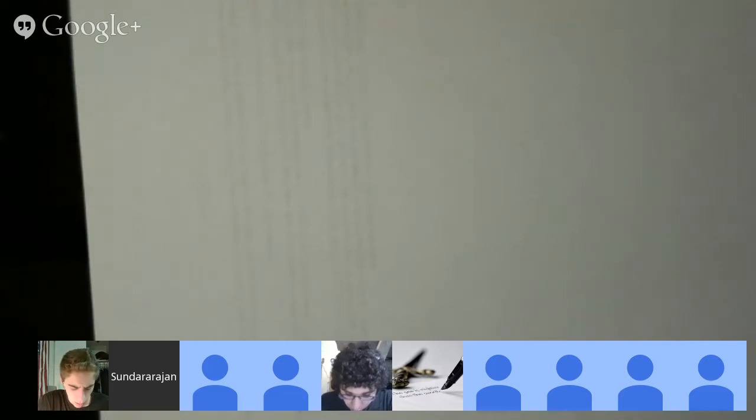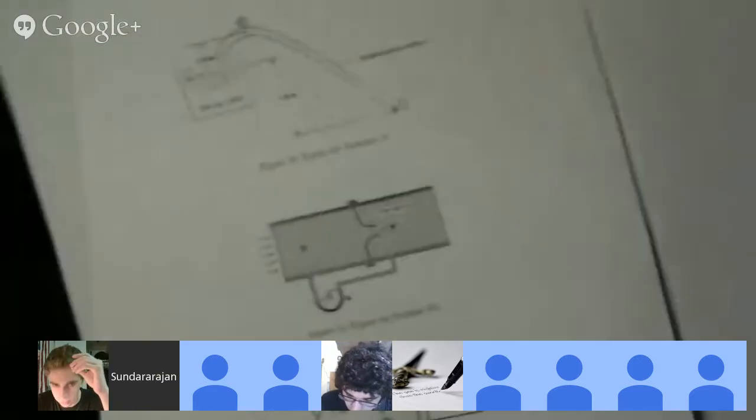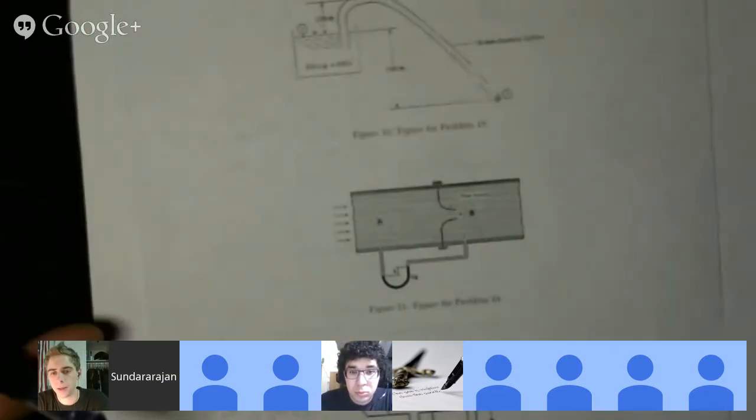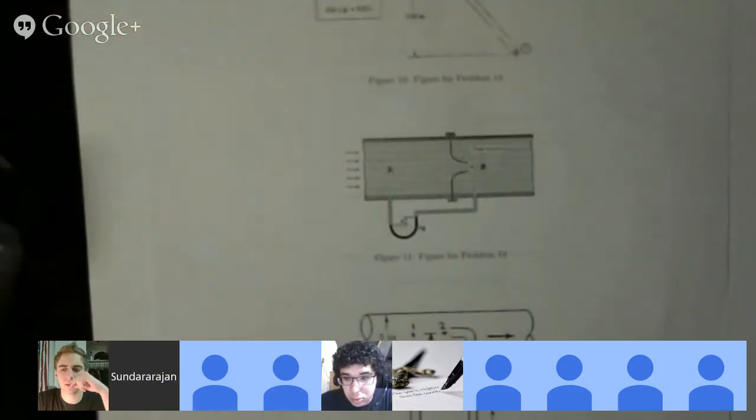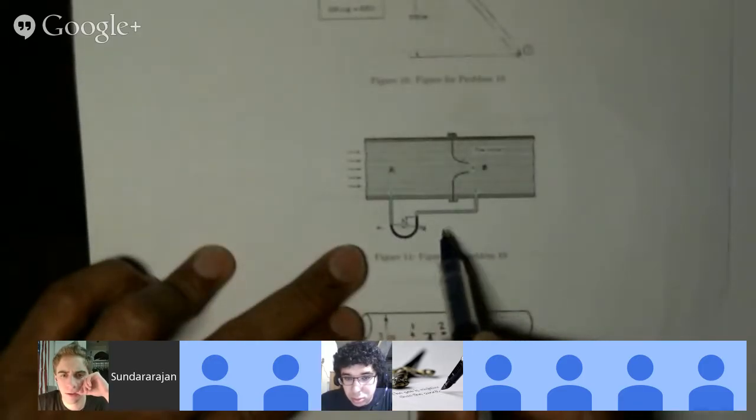Would they both have the rho g h, or would only one side have the rho g h, when you're using the manometer? So in these problems, you're always equating pressure at some point, right?